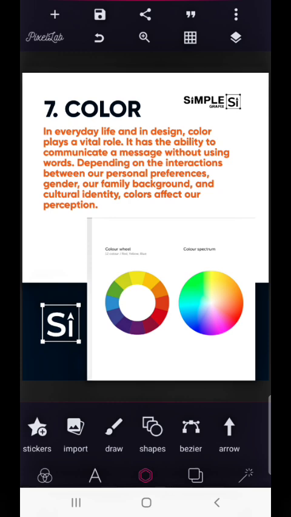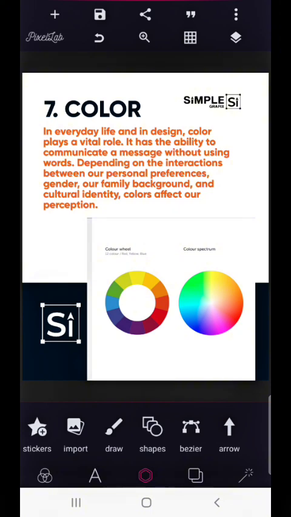Our family background, the way you see things, there are so many things that point out how you see colors. If you come from a place where things are classic, where everything is done orderly, the way they arrange things, the way they combine colors, the kind of bedspread they use, they make sure it matches the kind of cotton they use. So color affects our perception.